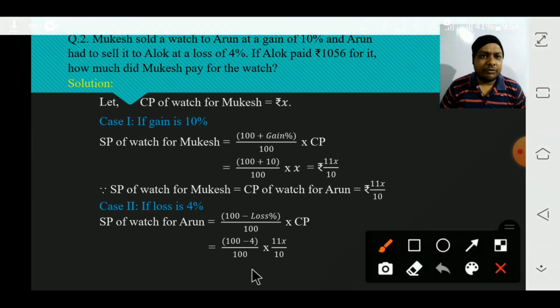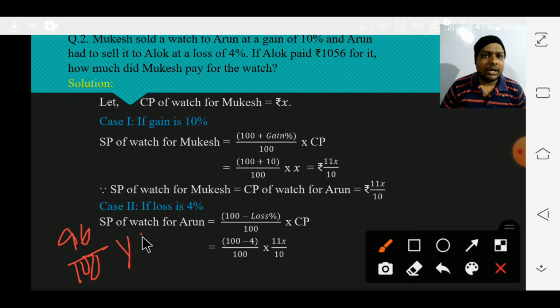Now if you solve it, 100 minus 4 will be 96 by 100 into 11X by 10. Let's solve it. Now 9600, yes, it is divisible now. We can divide it by 4, then 4 2s are 8 and 4 4s are 16, 24, and here 4 25s are 100.